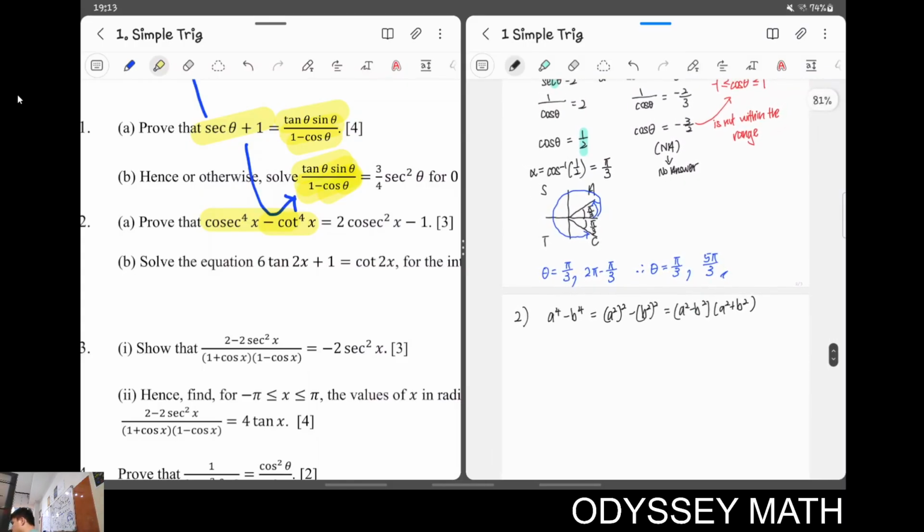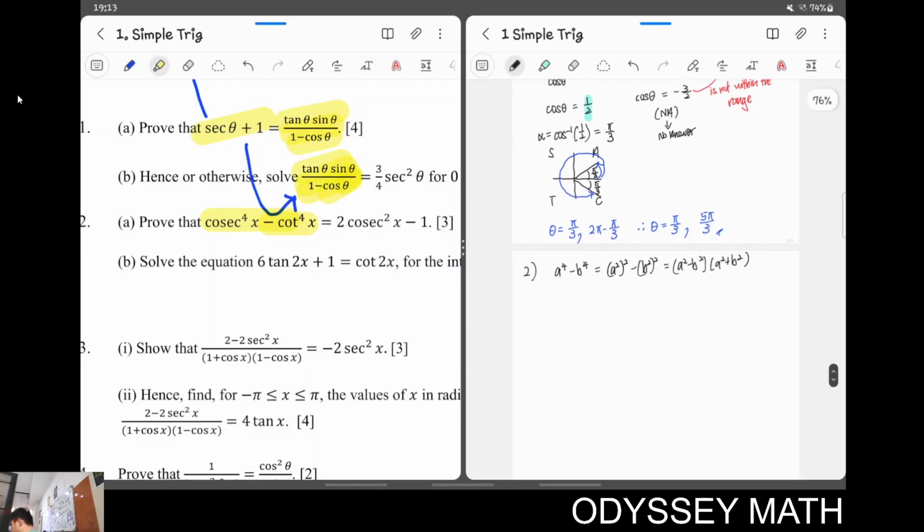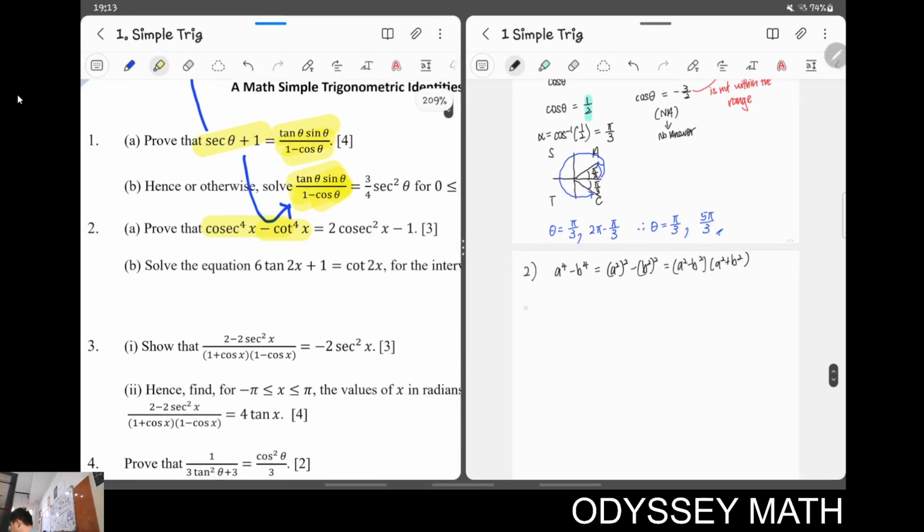So what we're going to do now is we start from the left hand side. So left hand side equals cosecant to the power of 4x minus cotangent to the power of 4x. So applying what I have written earlier, this will be cosecant square x minus cotangent square x, cosecant square x plus cotangent square x.